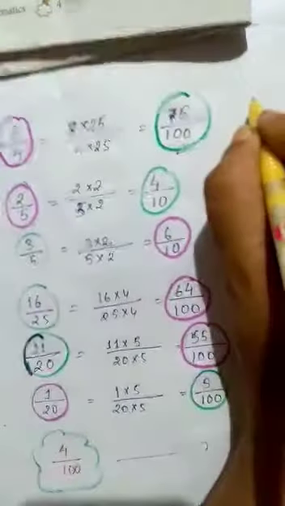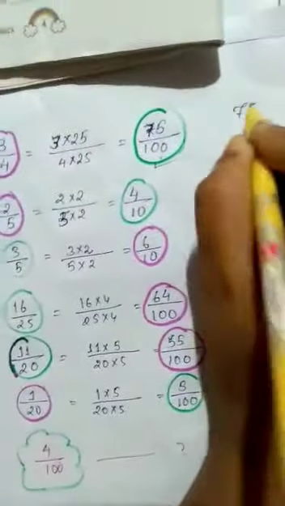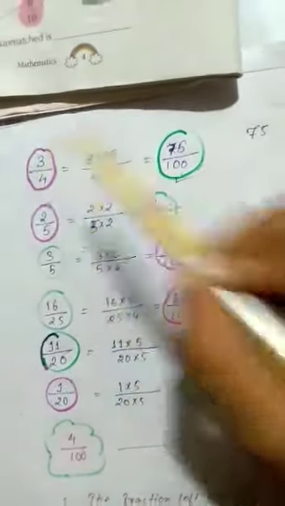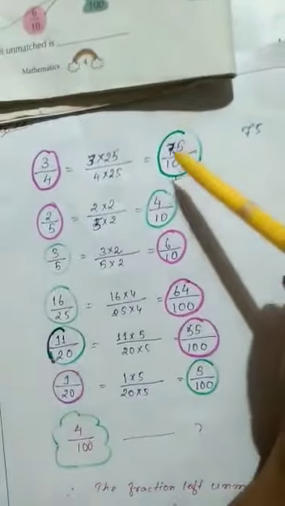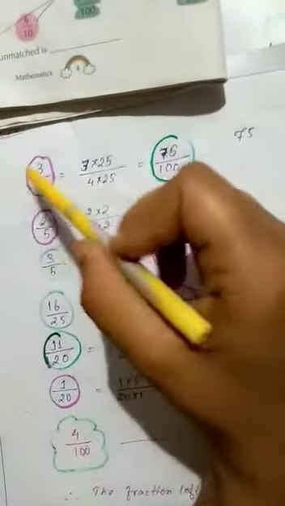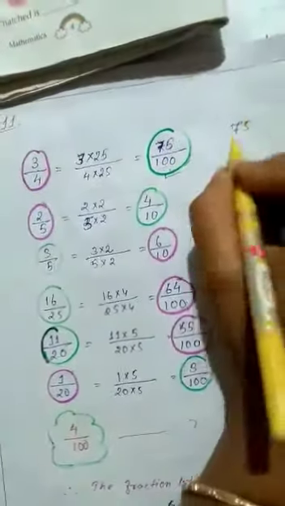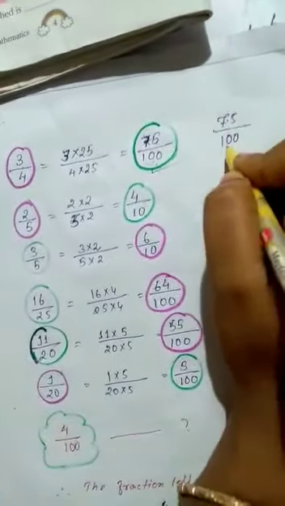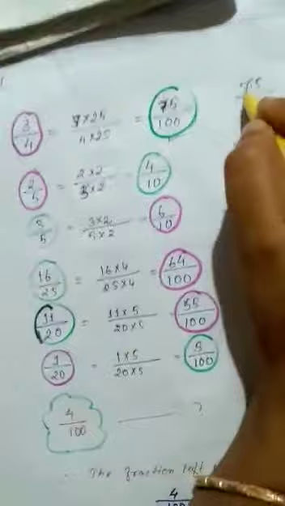Okay, but there is one more way you can find it. Which one you will take is up to you. You can convert 3 by 4 to 75 by 100, or you can reduce this one to 3 by 4. Suppose you take this way, then also you get 75 by 100. So how can we reduce this to 3 by 4?